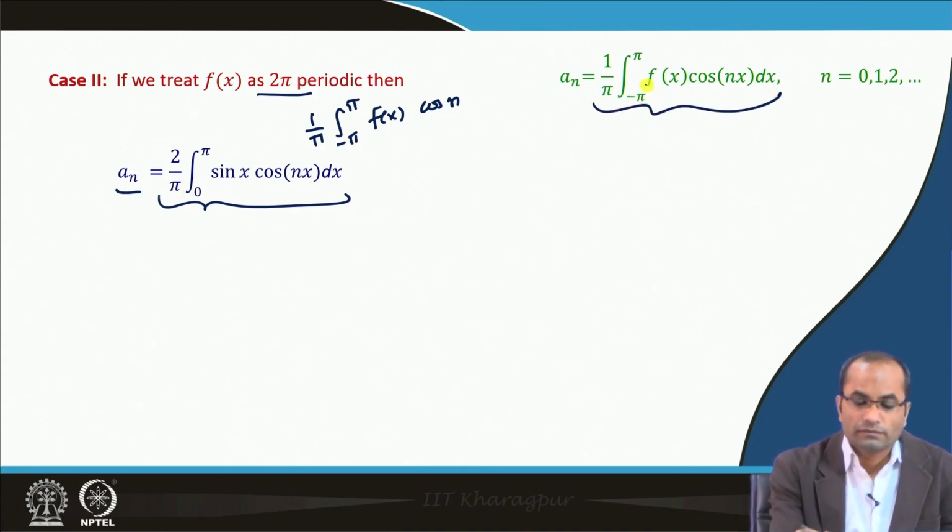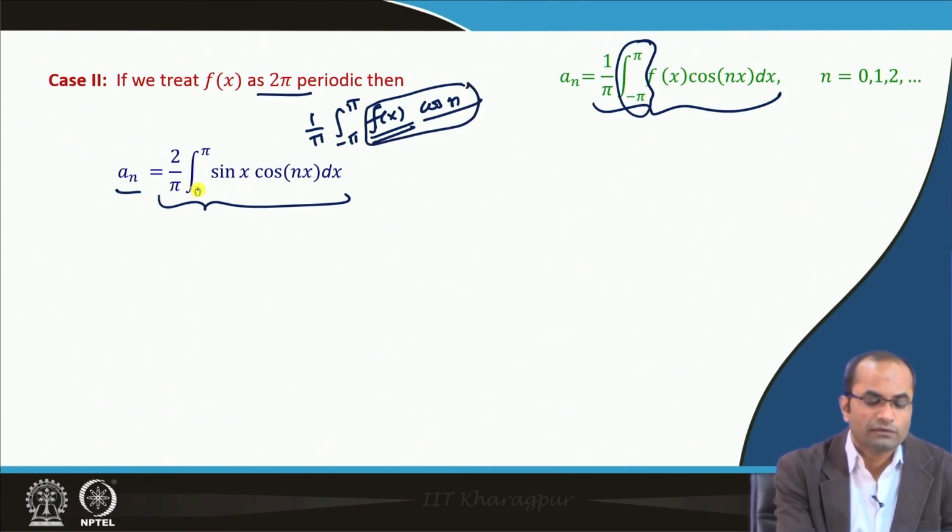When we are talking about minus pi to pi, f(x) is an even function, and cos nx is also an even function. So the integrand is even, and we can write 2 times the integral from 0 to pi.